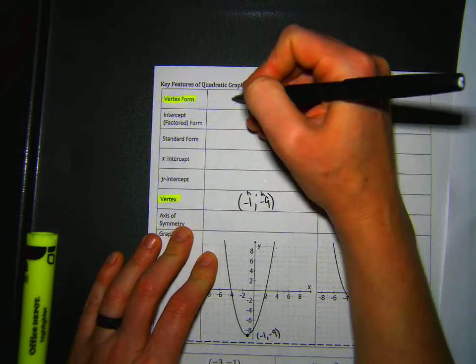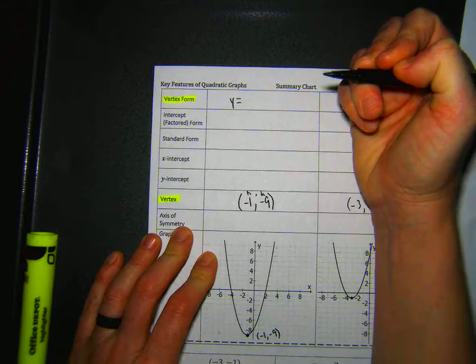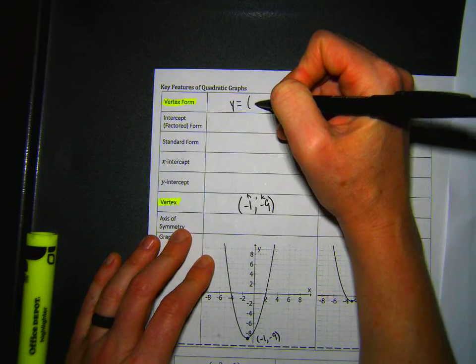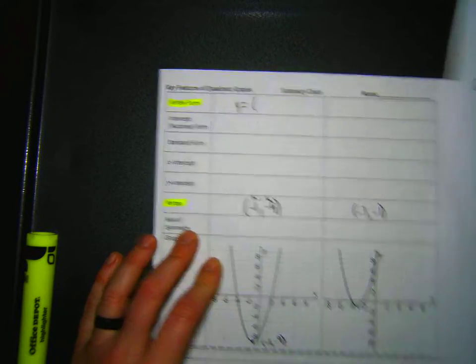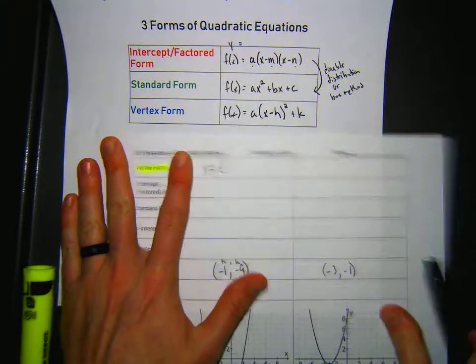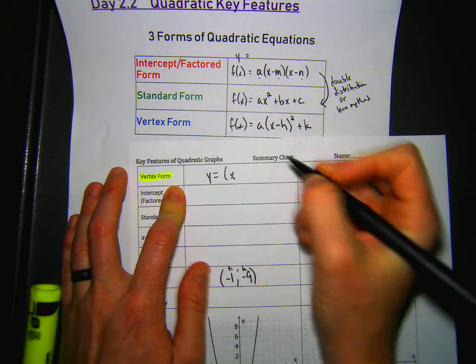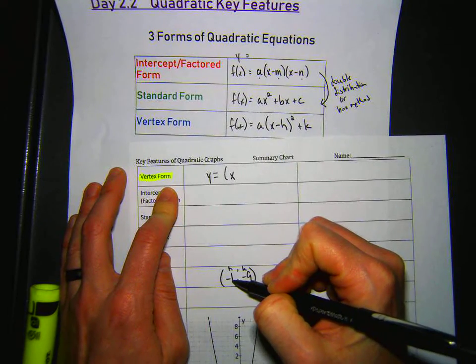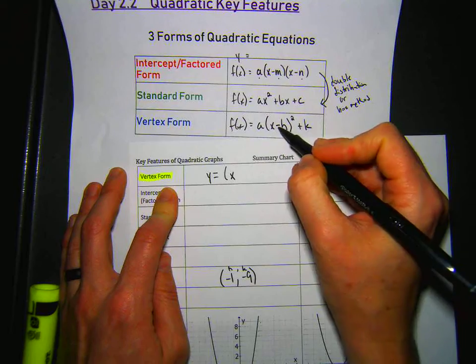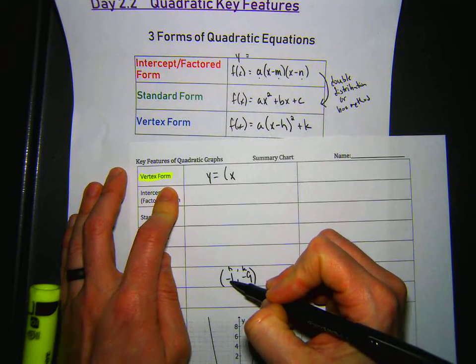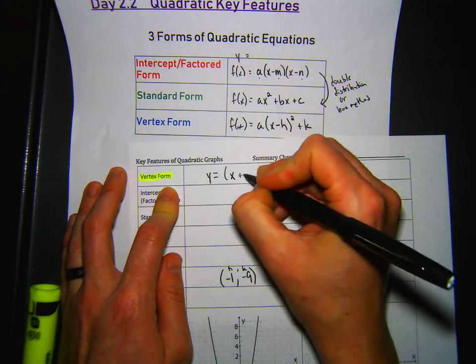So when I go to write in vertex form, y equals, I'm going to go straight to the parentheses. Remember, I'm writing it in vertex form, which is this form here. So I have x, and then this h. Well, h is -1. So if you're doing minus a negative 1, that becomes a positive 1.